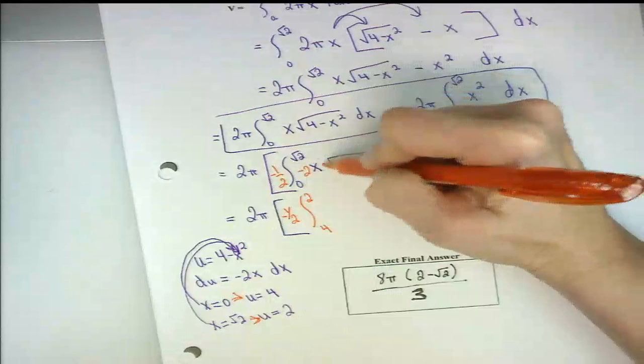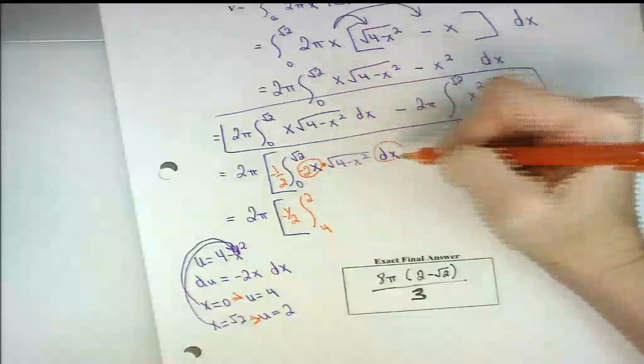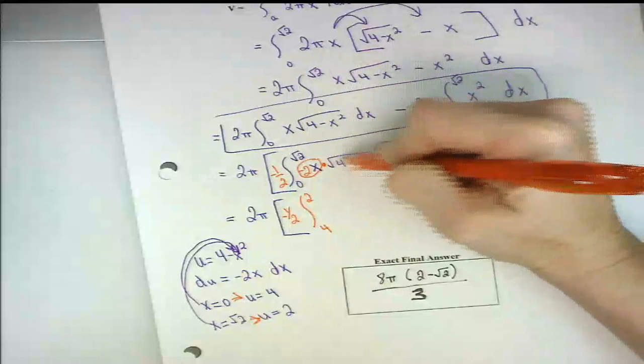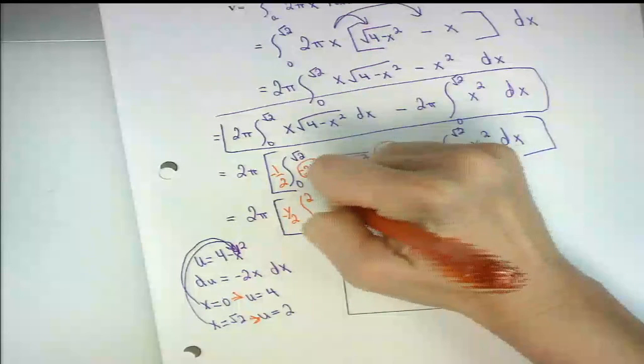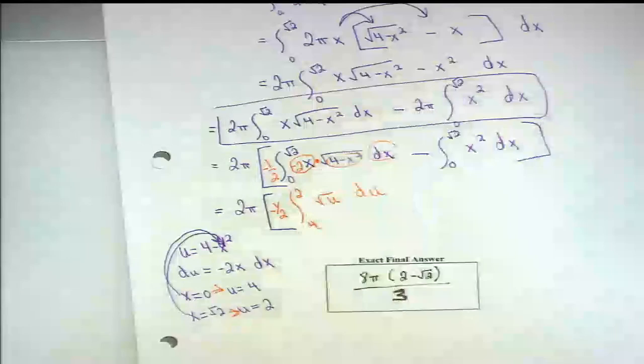And I did not rearrange, but this is multiplication. So this is going to simplify to the square root of u du, when we go from this definite integral in x to this definite integral in terms of u.